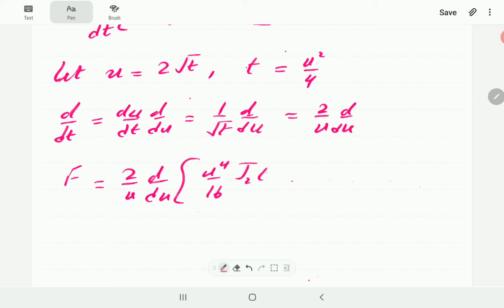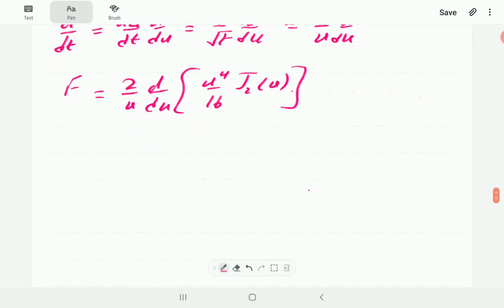Then this is going to be J2 of u. The constants we can collect. So 2 over 16 is 1 over 8. So we're going to have 1 over 8 u to the power 4 J2 of u du.